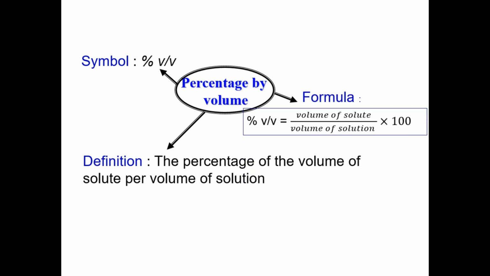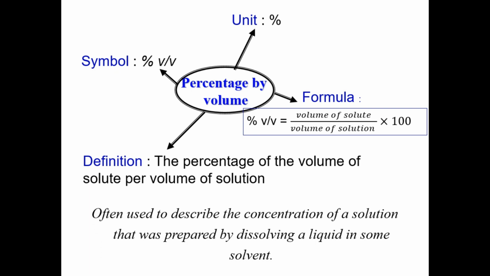It has the formula percentage V/V equal to volume of solute divided by volume of solution multiplied by 100, and the unit is percent. To remind, this is the unit often used to describe the concentration of a solution that was prepared by dissolving a liquid in some solvent.